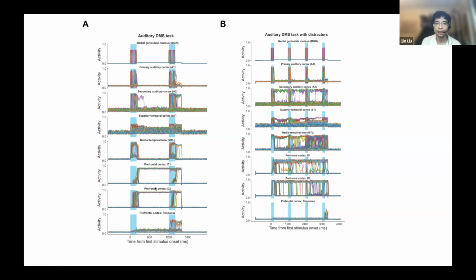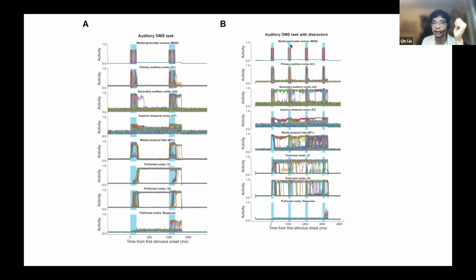And similarly, the model emerged two types of memory units, like D1 and D2 on the bottom, the second bottom and the third bottom. The D2 will remember the first sound throughout the whole test, and D1 only responds during the delay period and the second sound.